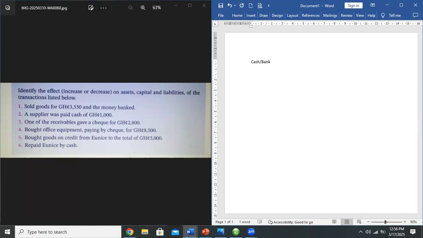Always note, when the business is paying cash or check, then the asset cash or bank will decrease. If the business is receiving cash or check, then the asset cash or bank will increase. So note that when it comes to cash or bank.